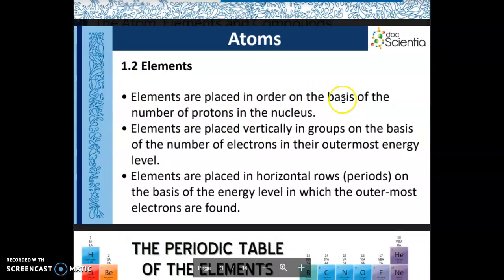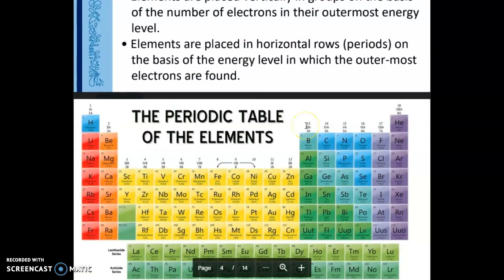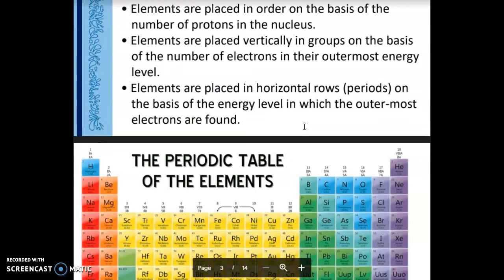Elements are placed in order on the basis of the number of protons in the nucleus. So they're in the order here from the protons in the nucleus. The elements are placed vertically in groups on the basis of the number of electrons, and they are placed horizontally on the basis of the energy level on which the outermost electrons are found.